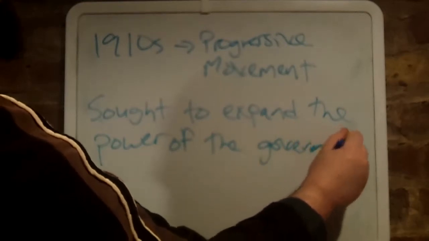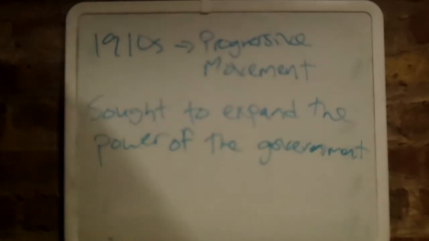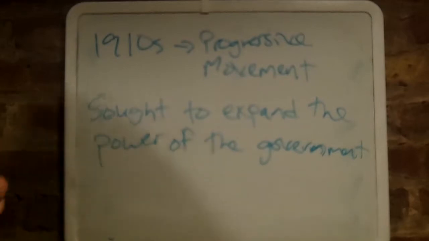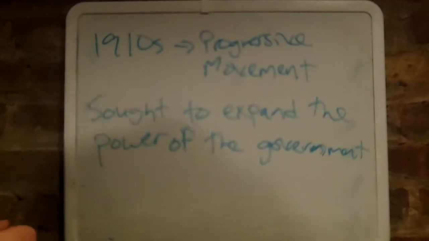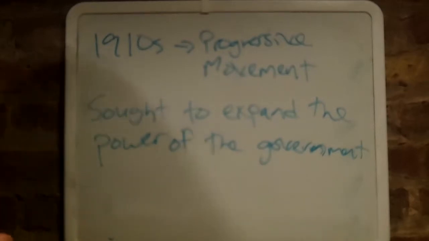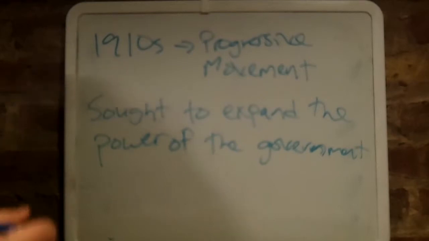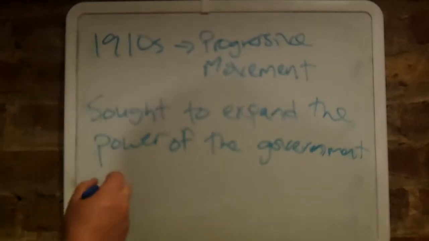And so one of their policies is they helped push through the income tax, which levied a tax on wealthy people, and that was the first tax of its kind, an income tax in U.S. history.